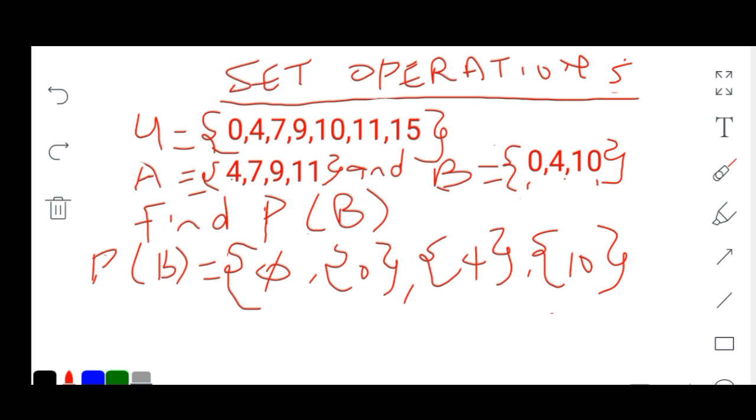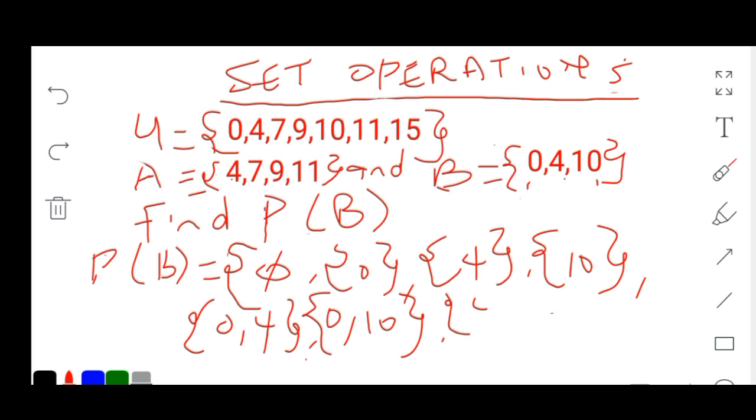We have written them one by one. I'm going to write them two by two again. That will be {0, 4}, {0, 10}, {4, 10}. The last one is going to be {0, 4, 10}.